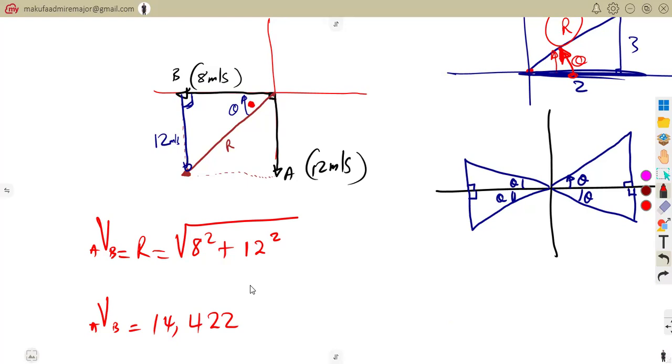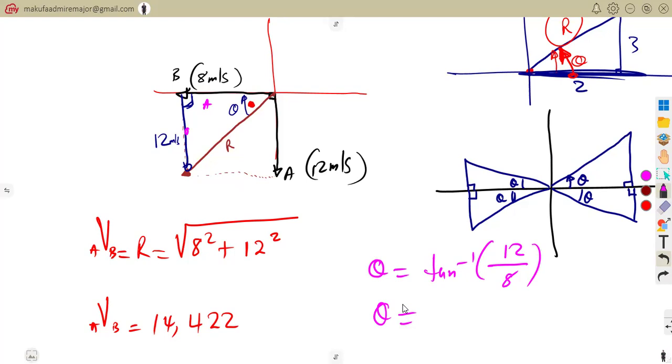All right. Then what about our theta? What is going to be our theta here? Opposite over adjacent, so arctan. Yes. So that's 12 over 8. And also, remember, when you're calculating the reference angle, the sign is not important to say which side you are on.